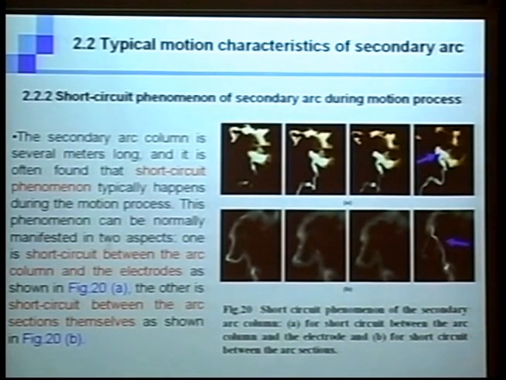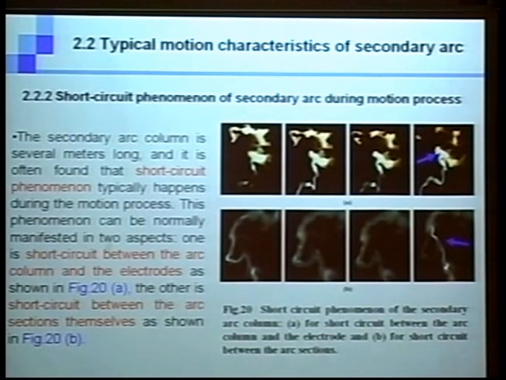During our experiments, we have discovered a special phenomenon we call the short circuit of the second arc during motion process. There are two kinds of short circuit phenomena of the second arcs. The short circuit phenomena typically happen during the motion process. It can be manifested in two aspects.